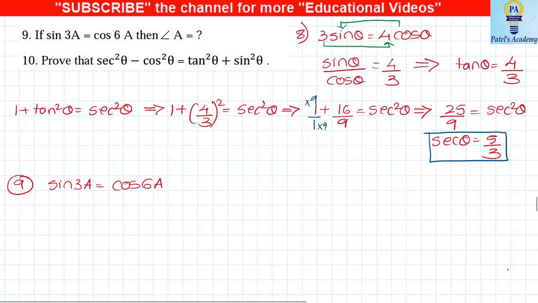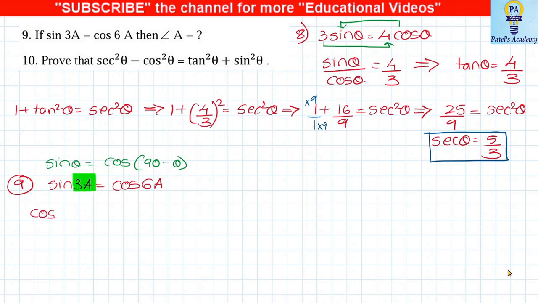First let me write down the relation over here. Sine theta is nothing but cos of 90 minus theta. Here theta is nothing but 3a. So sine 3a is nothing but cos of 90 minus 3a, which equals cos 6a.